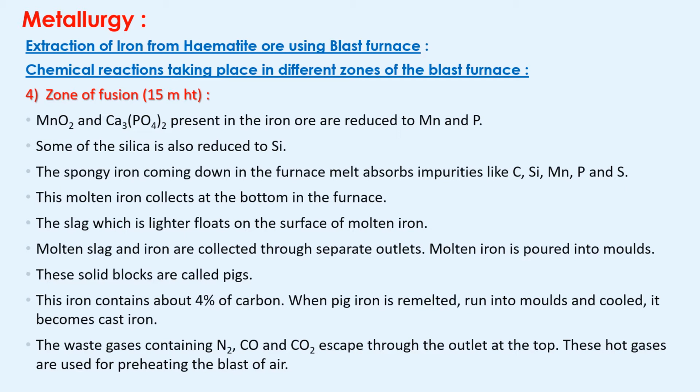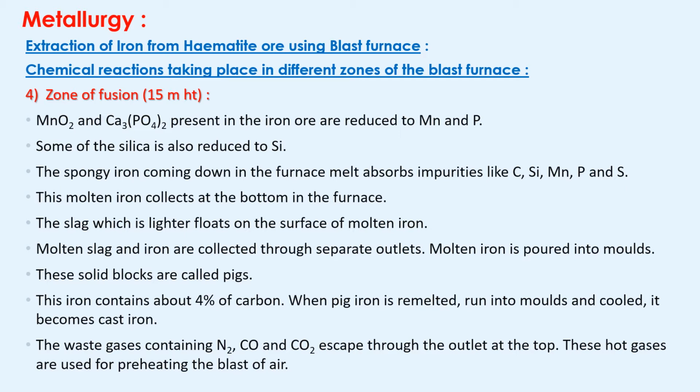So in the zone of fusion, you have to reduce the MnO2 and calcium phosphate impurities present in your iron ore to manganese and phosphorus, and at the same time reduce silica to silicon. The spongy iron coming down in the furnace may absorb impurities like carbon, silicon, manganese, phosphorus and sulfur.